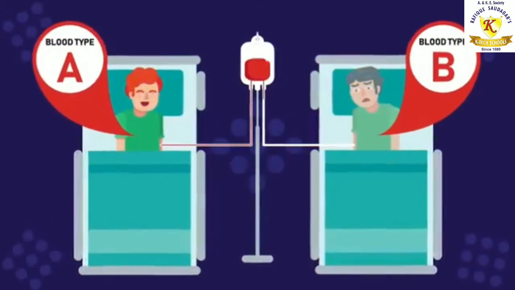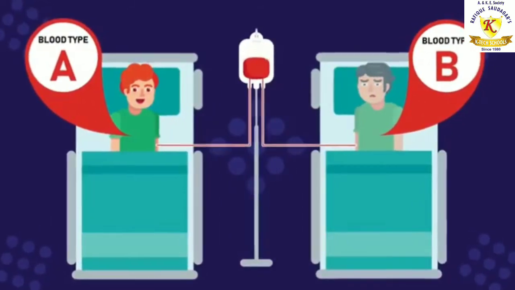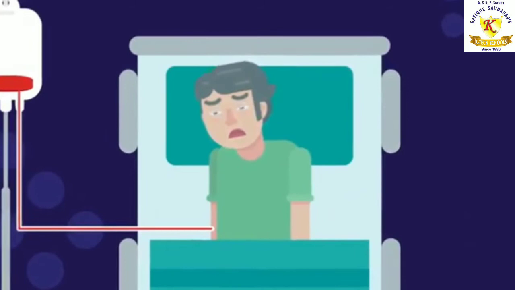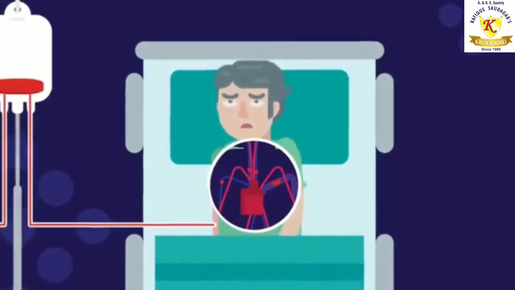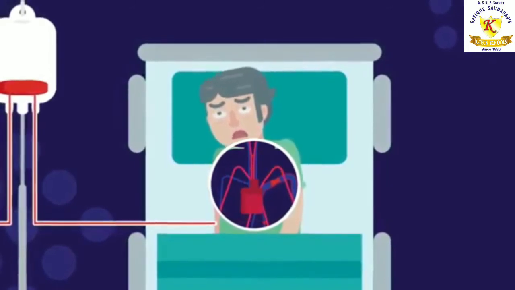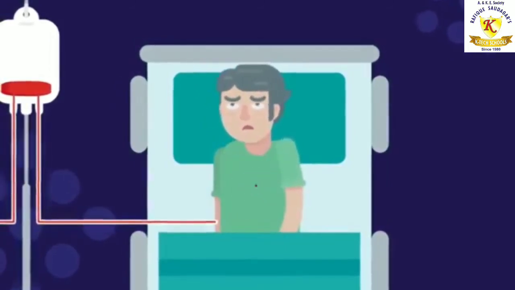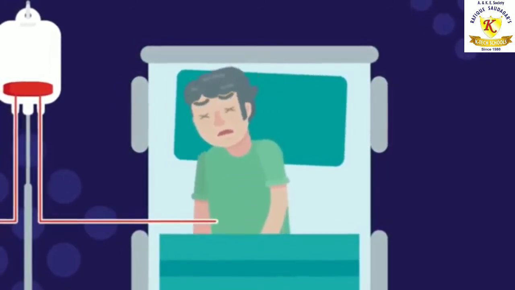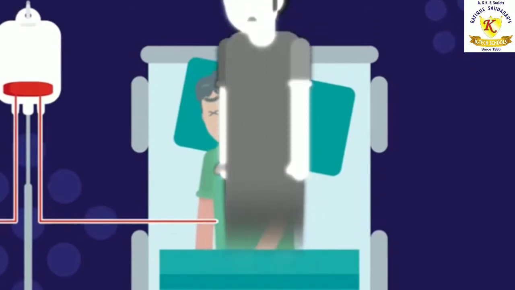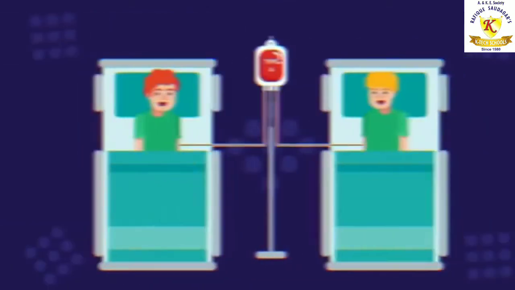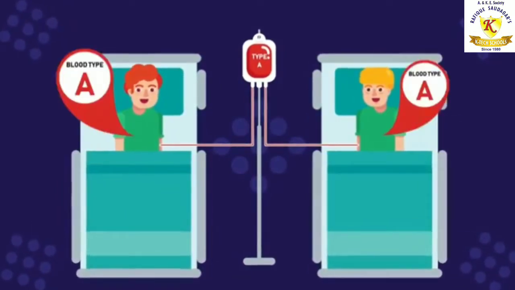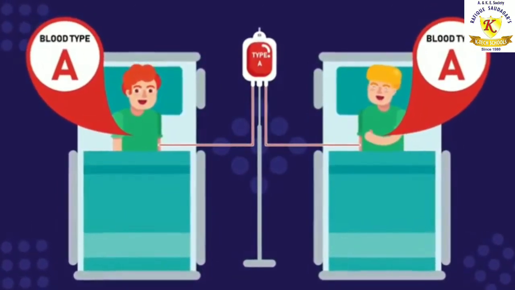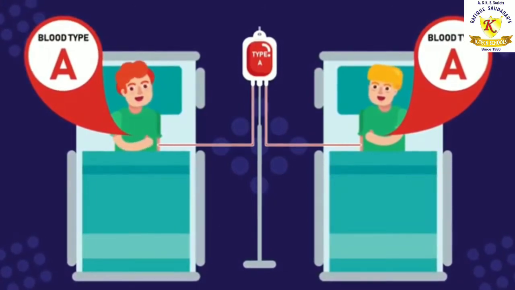If the blood types are not compatible, red blood cells will clump together, making clots that can block the blood vessels, causing a potentially fatal situation. Therefore, it is important that the blood type be matched before blood transfusion takes place.